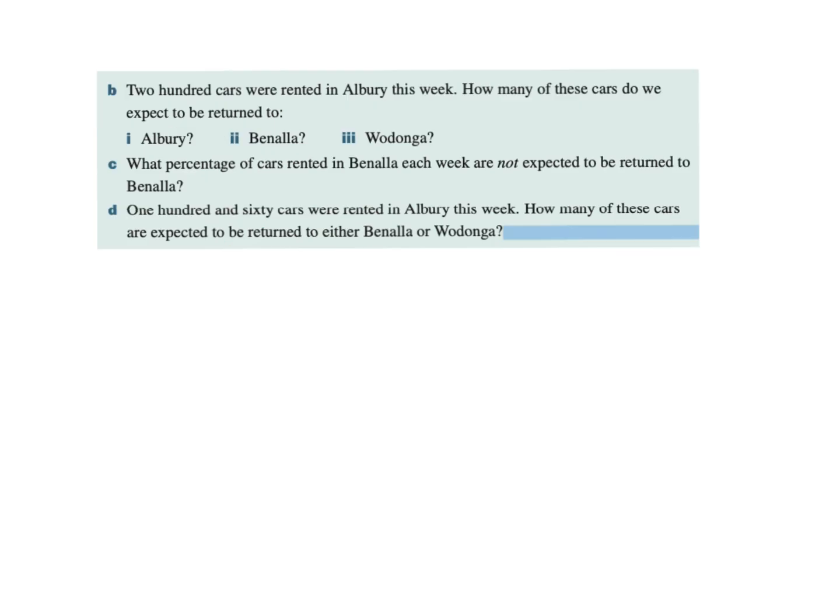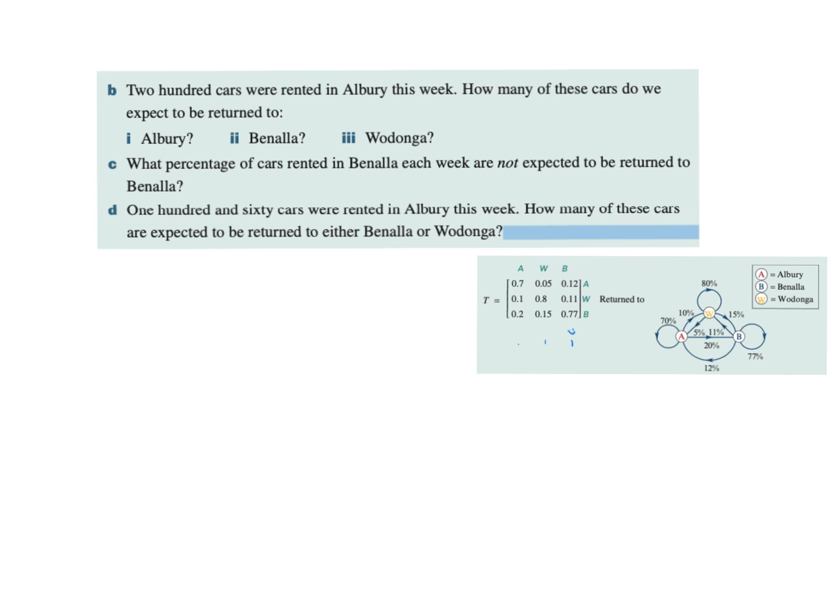All right, so it said 200 cars were rented at Albury this week. So we're at Albury and there's 200 cars there. And then it says how many of these cars do we expect to be returned to Albury? Sorry, I just grabbed the transition so we can see it. So what we're looking at here is the Albury to Albury, which we can see is 70%.